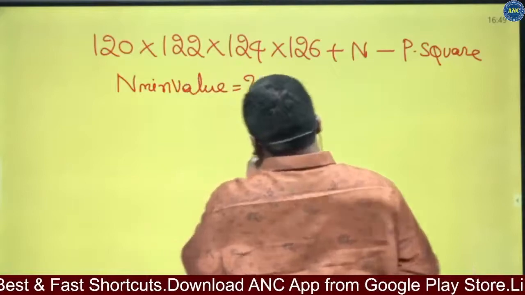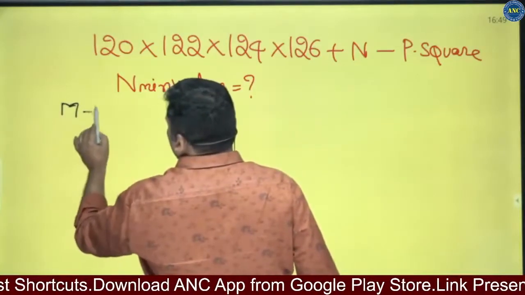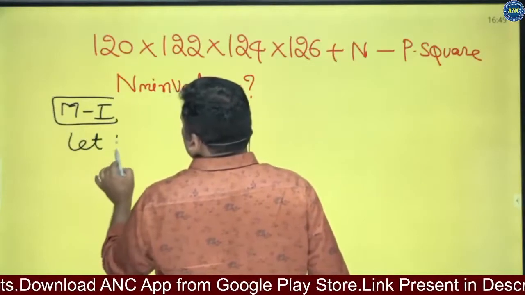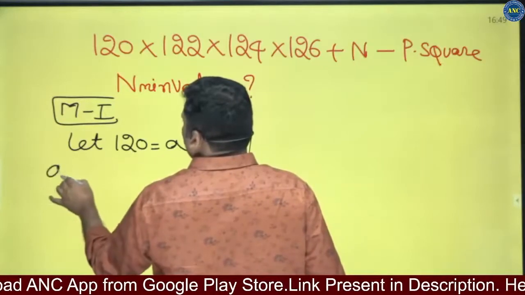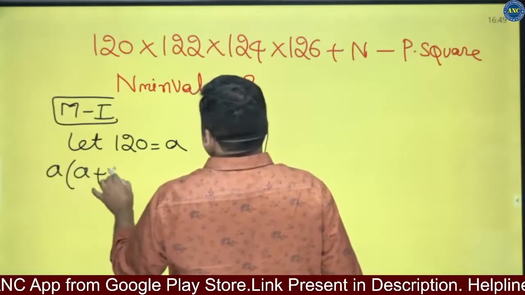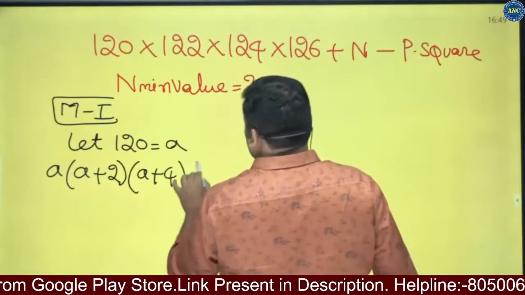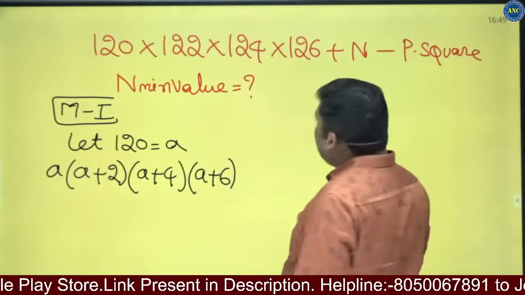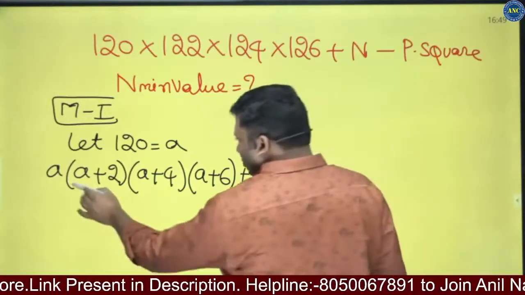120, 122, 124, 126. Method 1. How students will solve this question is, let 120 be equivalent to A. So this will become A plus 2, A plus 4, A plus 6, plus n. Almost everybody knows this approach.